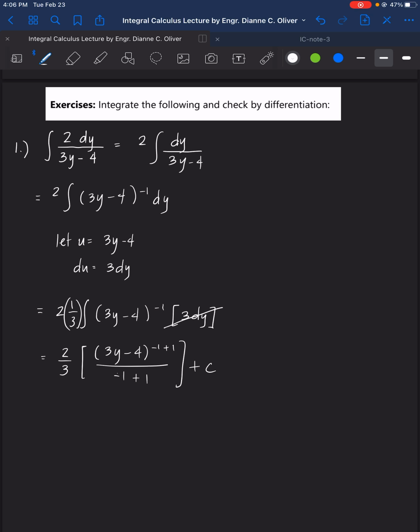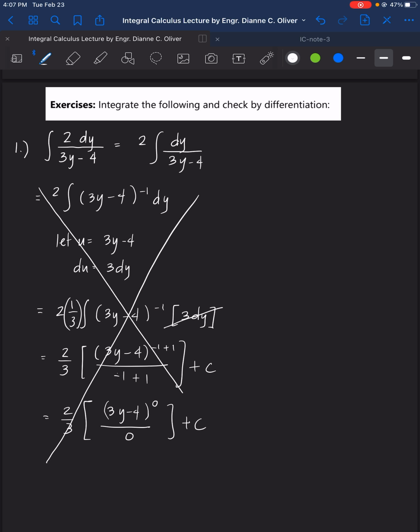Now this is not the solution because you will be getting the answer 3y minus 4 raised to 0 over 0 plus c. So we can't use power formula here.